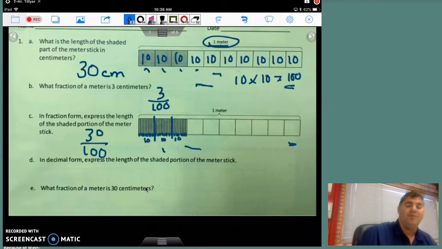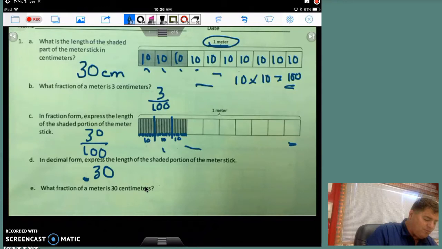If you remember yesterday when we converted a fraction to a decimal, 3 tenths would be 0.3, but now it's 30 hundredths, so it would actually be 0.30. That would be 30 hundredths.